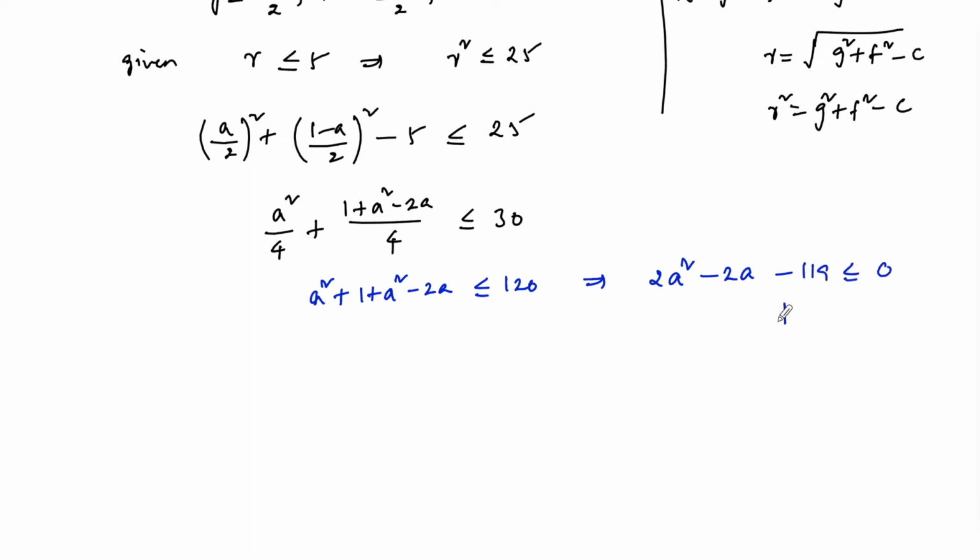So let us solve this by the quadratic equation formula. Comparing this equation with ax square plus bx plus c equals to 0, we have the quadratic formula x is equal to minus b plus or minus under root of b square minus 4ac divided by 2a.